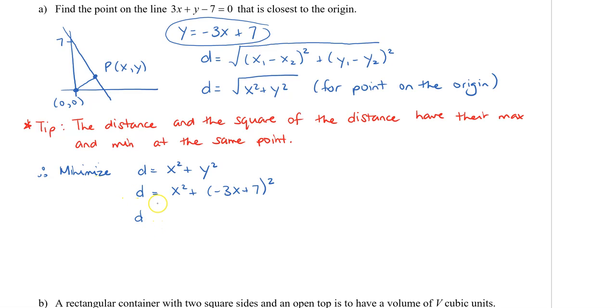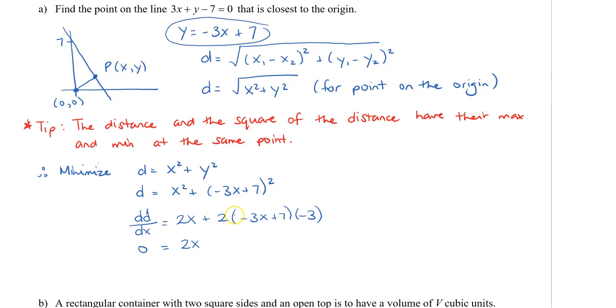So I'm going to find the derivative. So d prime, or let's say dd/dx, that's going to be equal to 2x plus 2 bracket negative 3x plus 7. Using the chain rule, we need to remember to multiply by negative 3. Set this equal to 0.